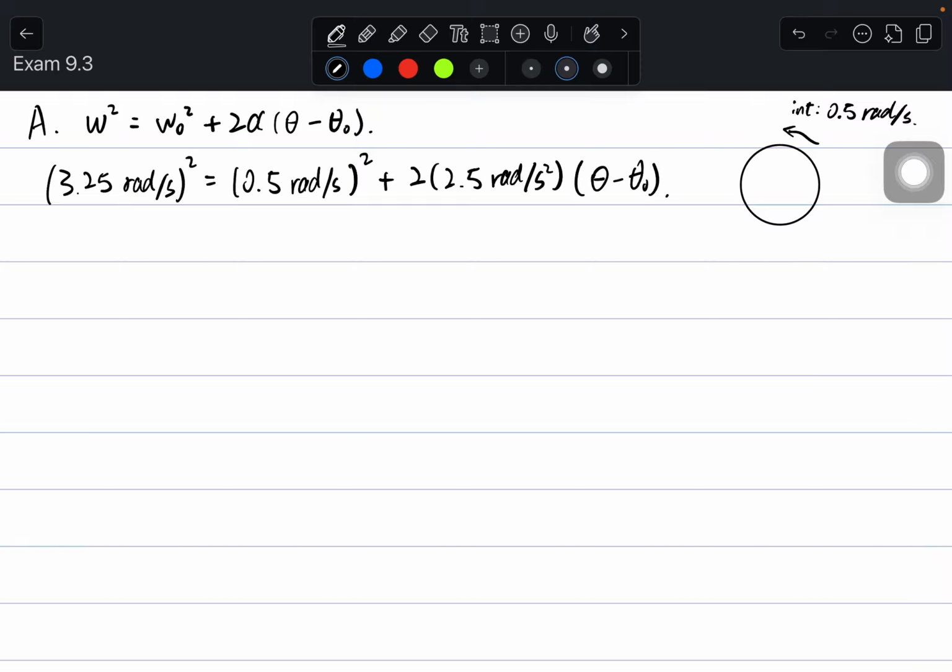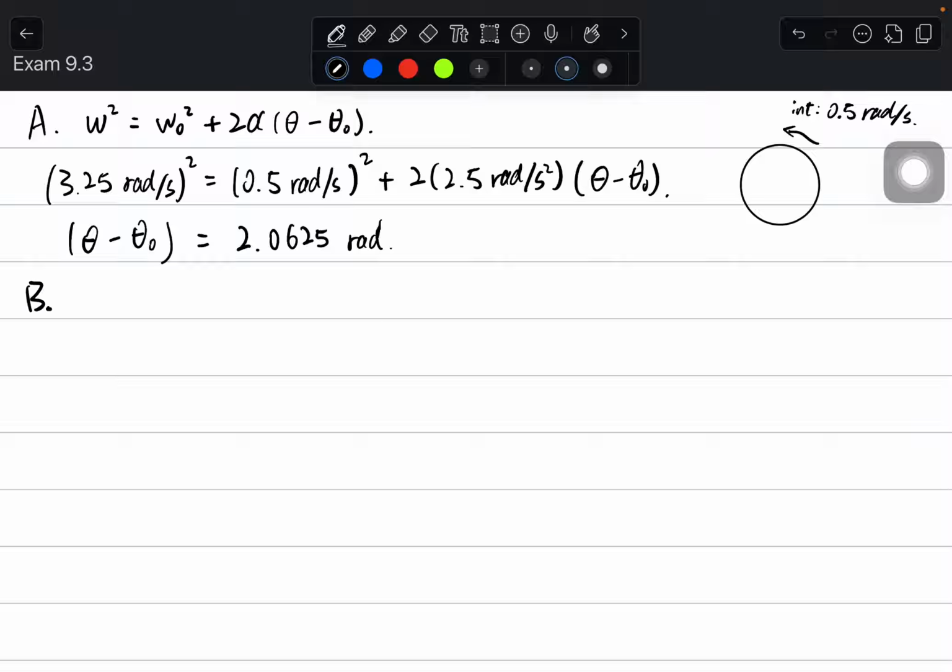And we just solve for the difference of angle. After calculation, we get 2.0625 rad.